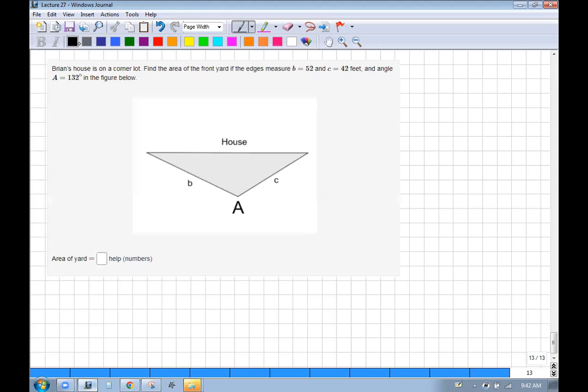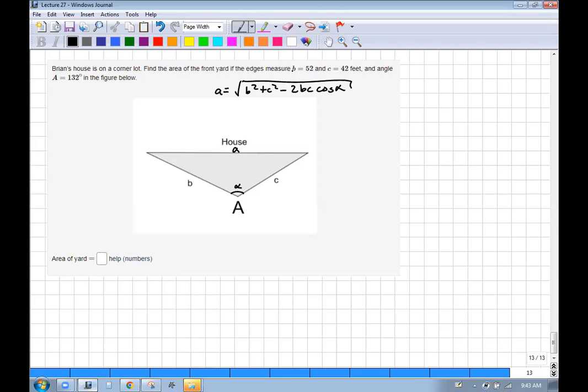All right. Brian's house is on a corner lot. Find the area of the front yard if we know what B and C are and what A is. Okay. Well, we could use Heron's area formula. If I call this side A, here's alpha. We know alpha, we know B, and we know C. We can figure out what A is. A is the square root of B squared plus C squared minus 2BC cosine alpha.